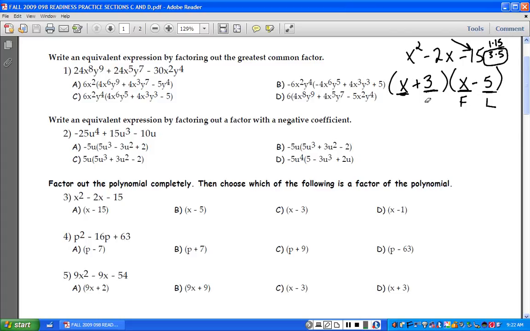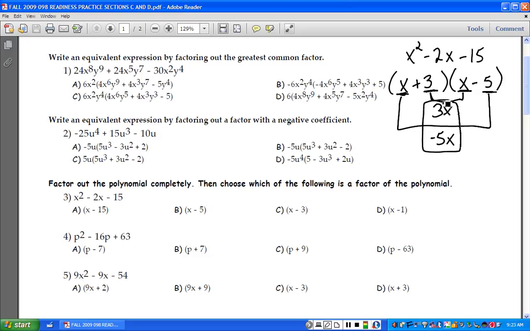Okay, let's clear some of this out of the way. Alright, so with our outside-inside check, once we've filled in our two binomials, what we want to do is multiply the outside, which is a negative 5x, and multiply the inside, which is a positive 3x. 3x minus 5x combine to give us a negative 2x.